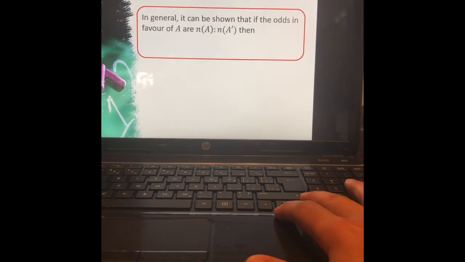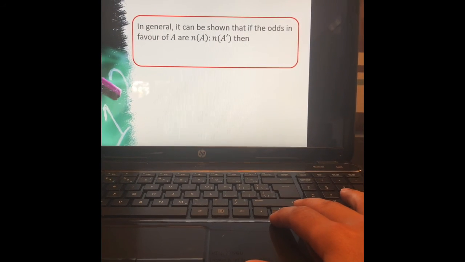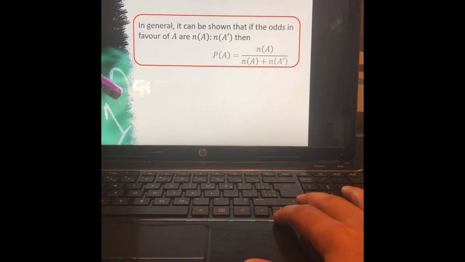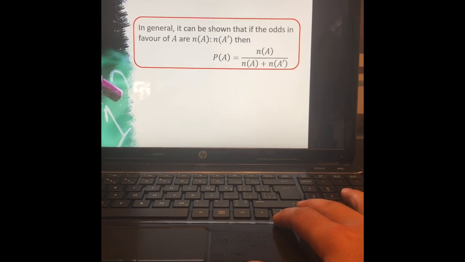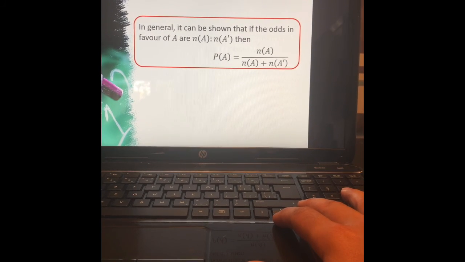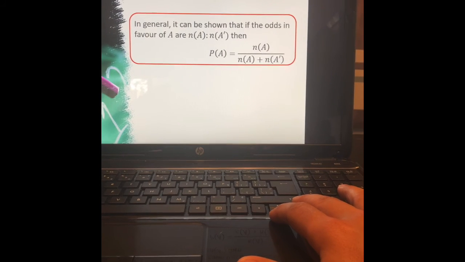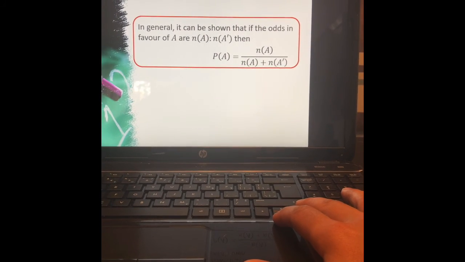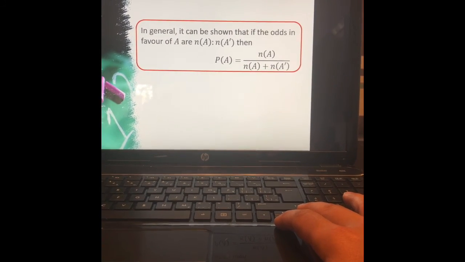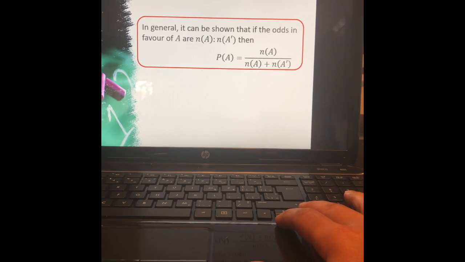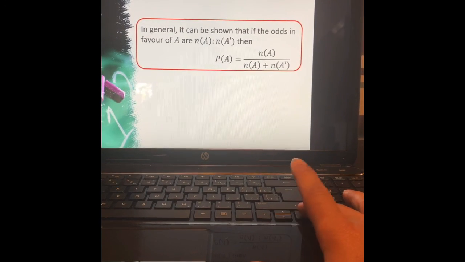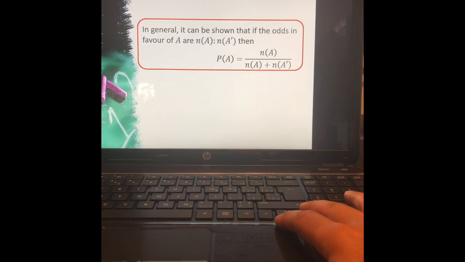There we go. In general, it can be shown that if the odds in favor of A are n of A to n of not A, then probability of A is n of A over n of A plus n of not A. So just showing you the general formula for that. The denominator is all possibilities in probability.